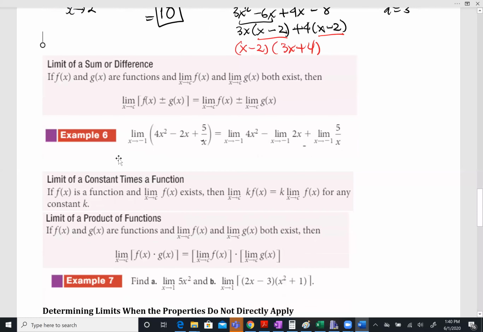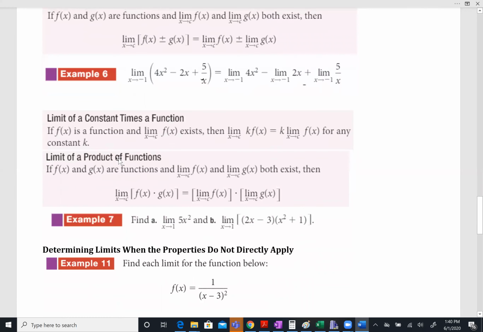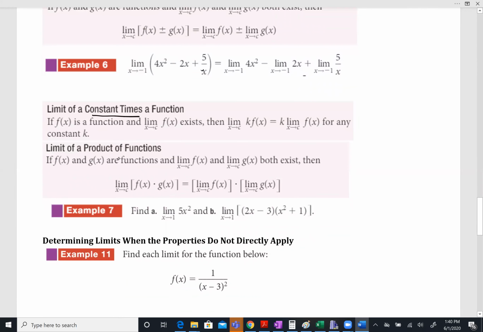Okay, now let's move to the second one. The limit of a constant times a function. What does it look like? So for example, f(x) is a function, and the limit of f(x) exists. Then the limit of k f(x), where k is a constant, will be equal to k times the limit of f(x) when x goes to c.